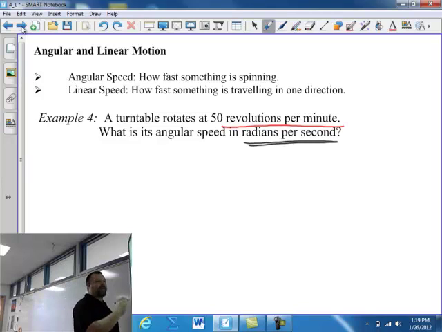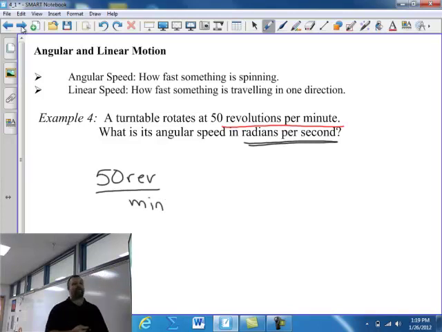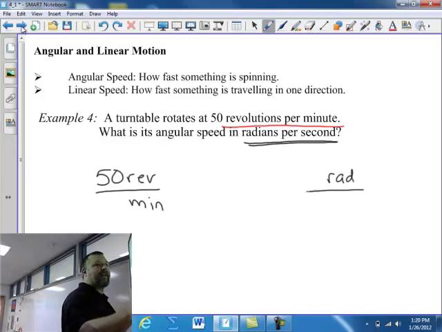So how are we going to do this? Well, we're simply going to do our stoichiometry boxes again, and we've got 50 revolutions per minute. Now that's 50 revolutions in 1 minute. You can put a 1 down there if you want to. I've got to change this into radians per second. What's easiest, to change from revolutions to radians or minutes to seconds? Minutes to seconds.